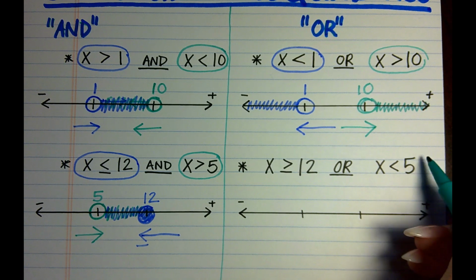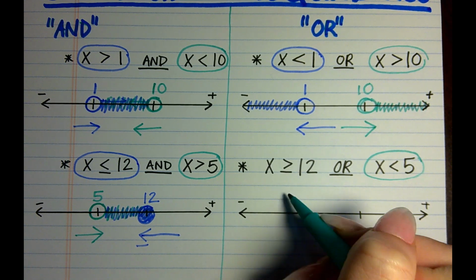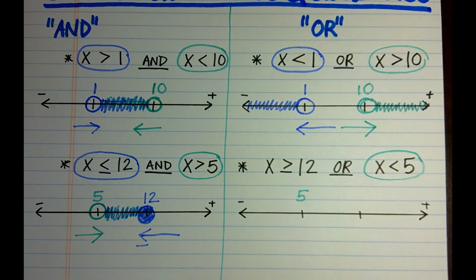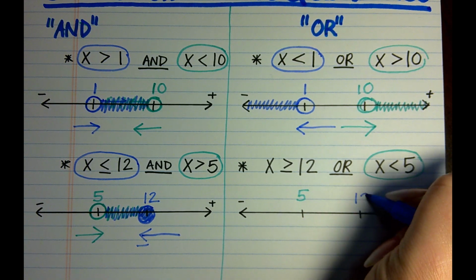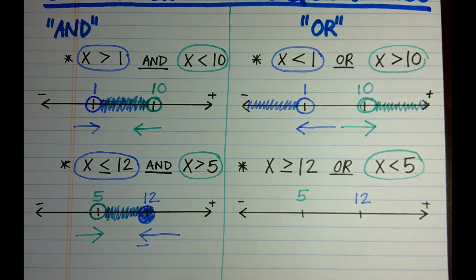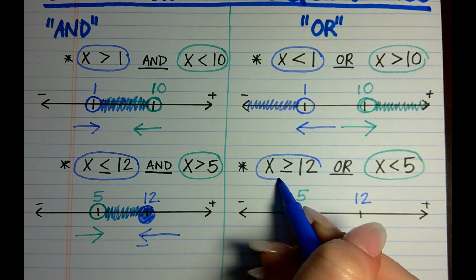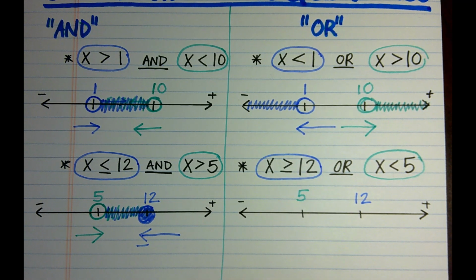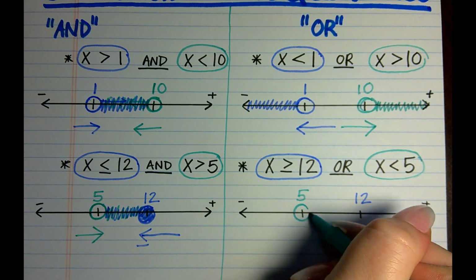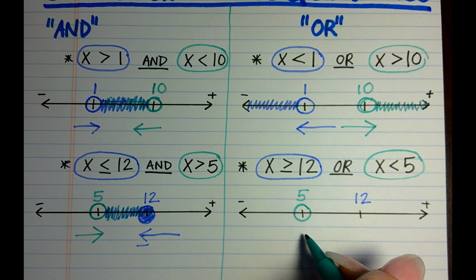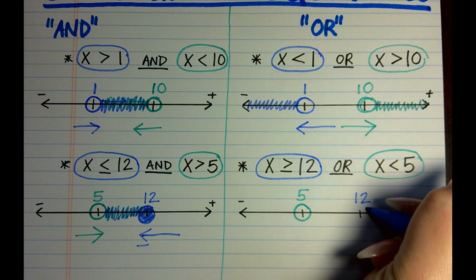Good. And so 12 must go on the next tick mark. So 5 will be an open circle. Yes, 5 will be an open circle. 12 will be a closed circle. 12 will be closed. Good.